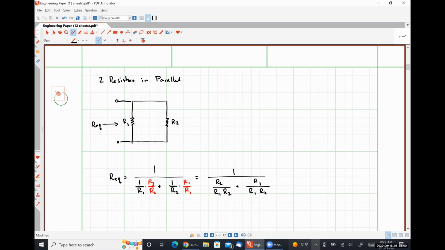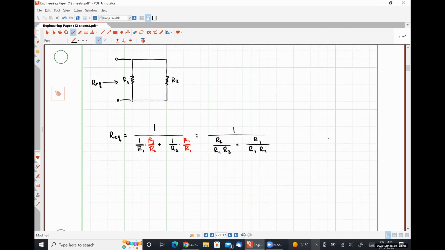And since both of my fractions in the denominator have a common denominator, I can add them together. So this will look like 1 over R1 plus R2 divided by R1 multiplied by R2.